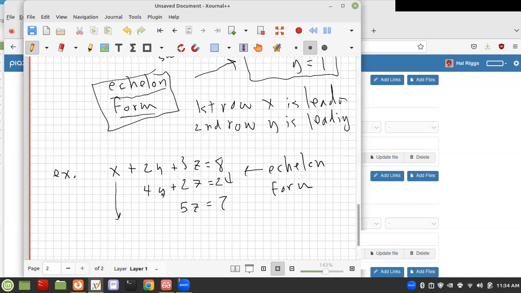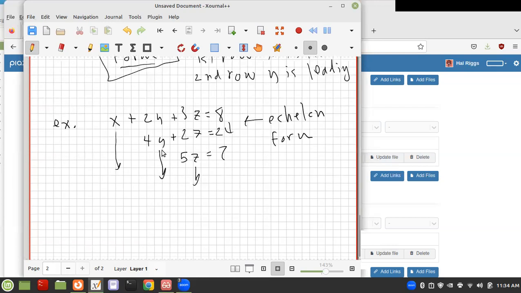The leading term in the second row is Y, and it has nothing underneath it. And the leading term in the third row is Z, and it has nothing underneath it. So it has to make a staircase where each row has to start to the right of the row above it. So it doesn't have to be just one thing.